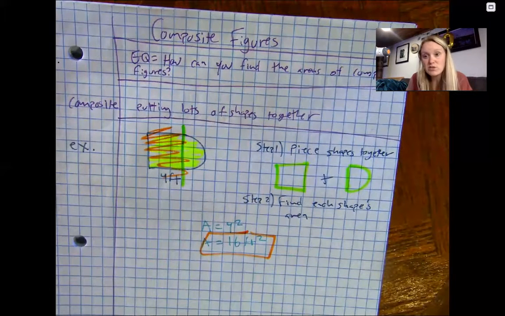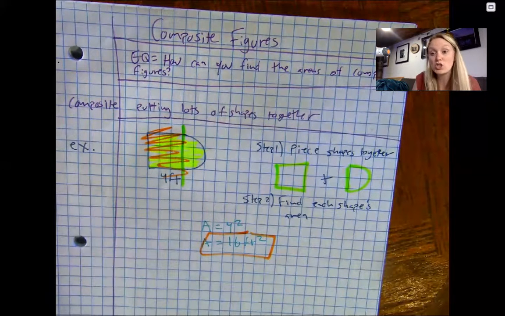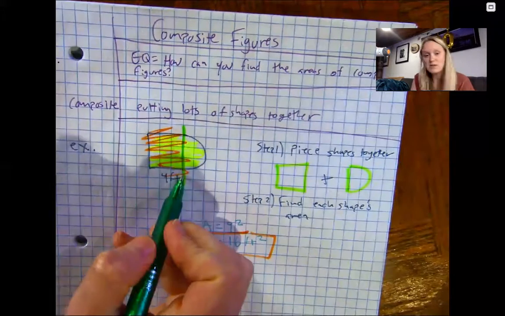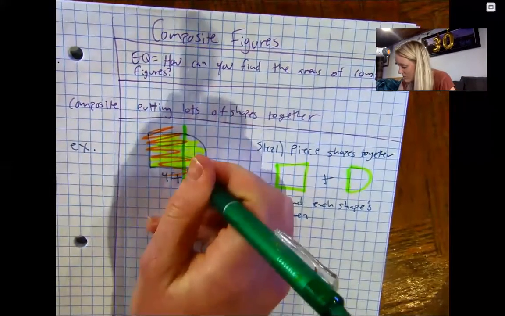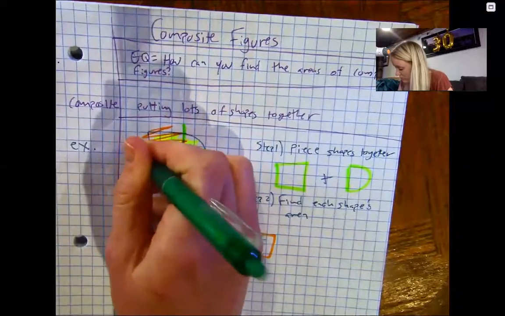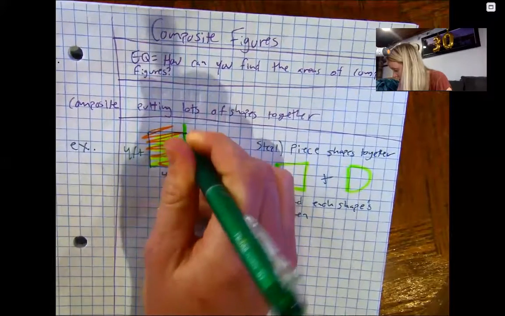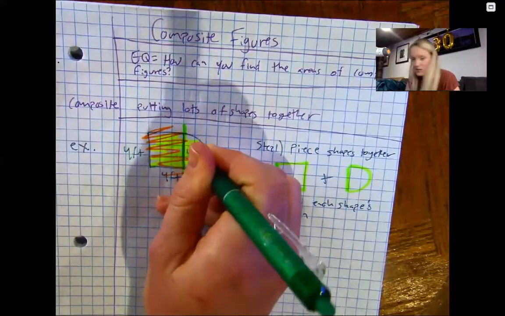So now all I have left to do is find half of the circle. Okay. So, crud, it didn't tell me anything about the circle. So I have to be able to problem solve and use what I can see to deduce or to infer what this length is. Well, let's think. In a square, if this is 4 feet and this is 4 feet, then this line here is also 4 feet.